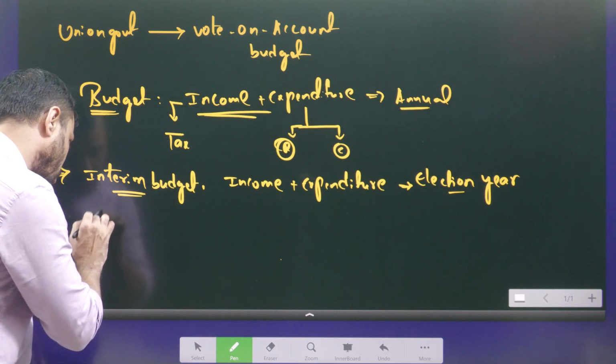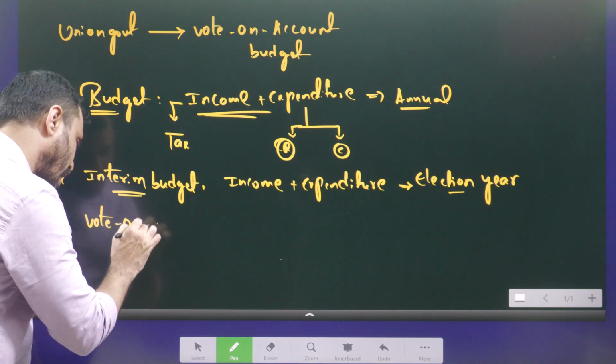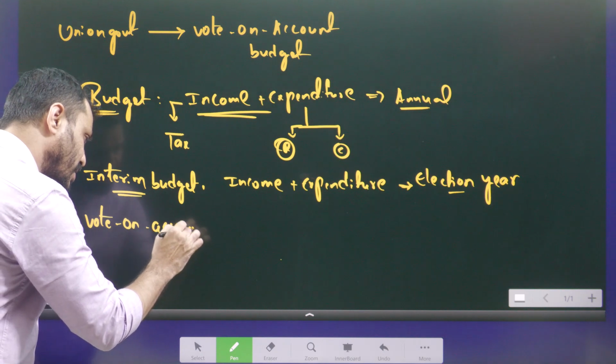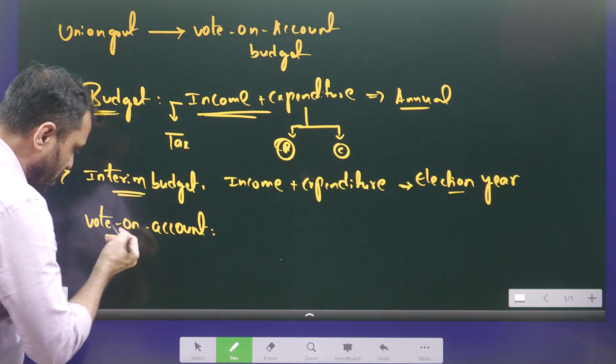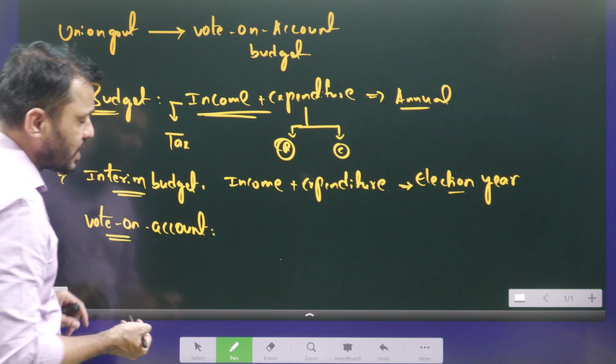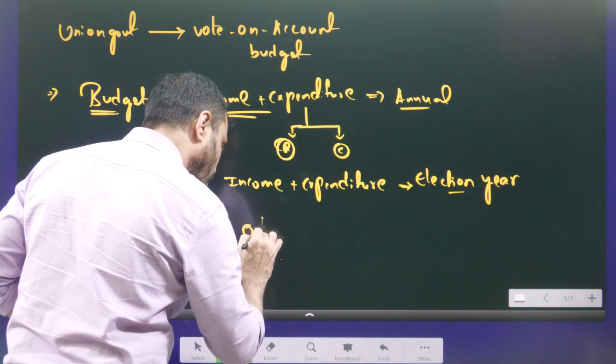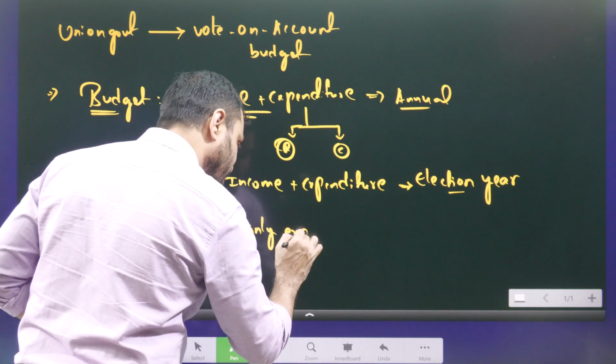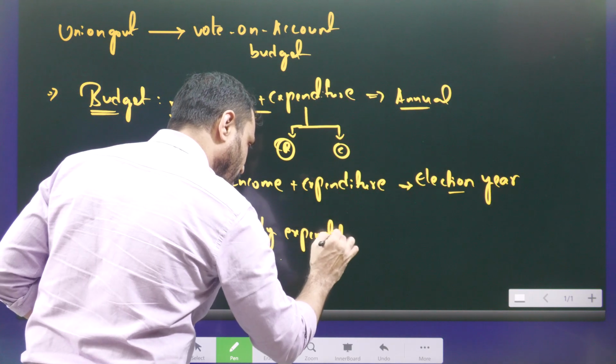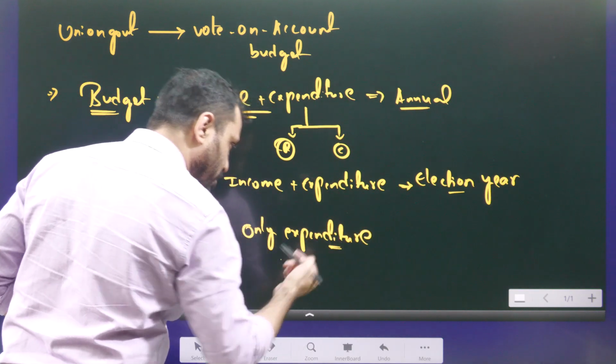Then the vote on account budget. This is the most interesting part. In the vote on account budget, only the expenditure part will be there, and there is no income part.